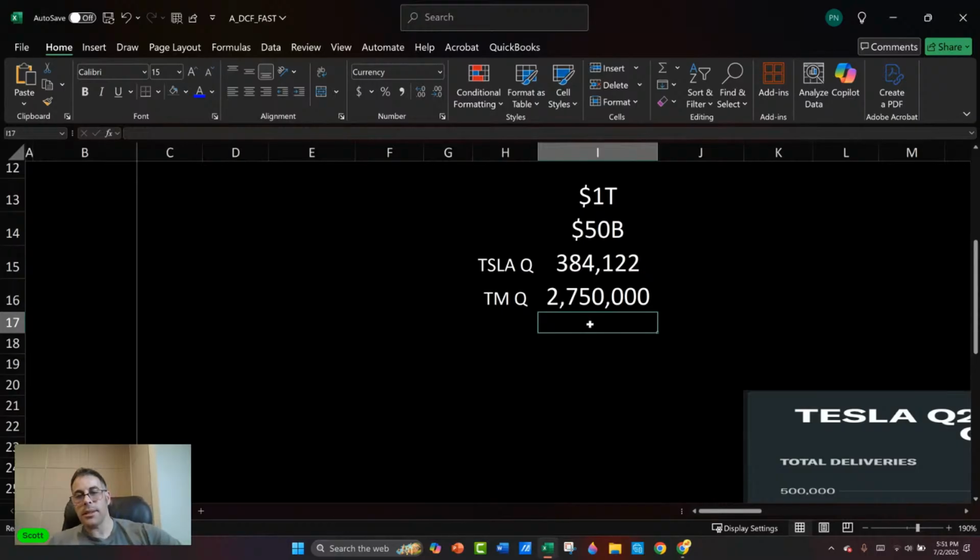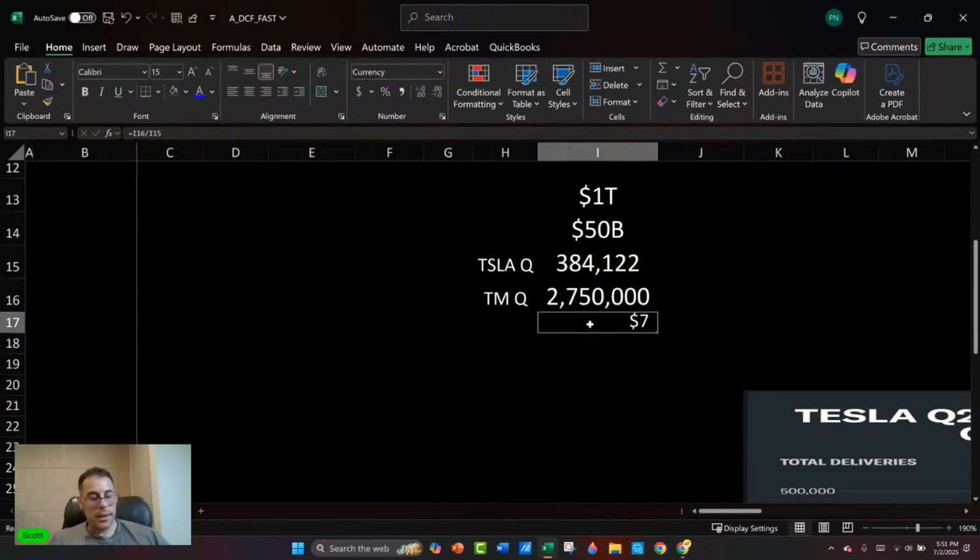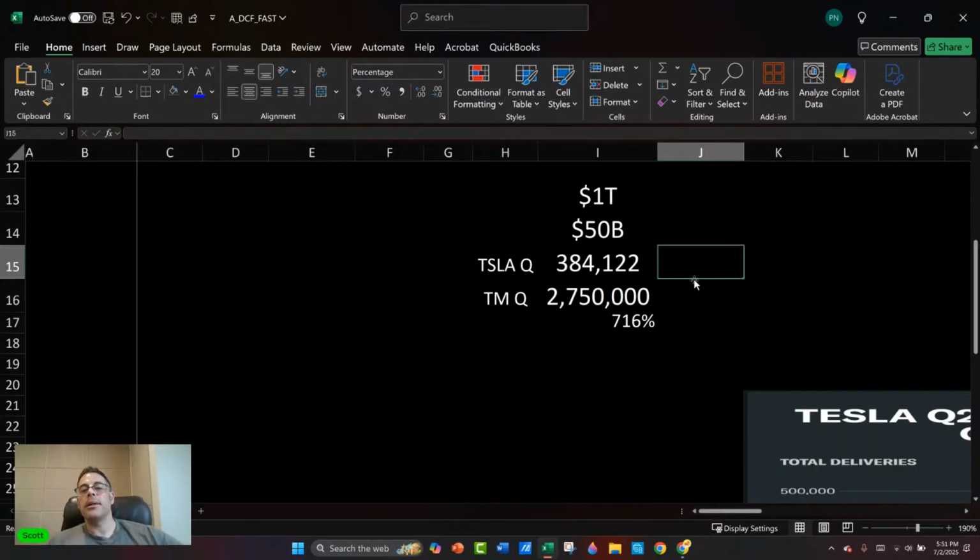So look how many more cars they sell. They 7x, 700%, 7 times more cars are sold by Toyota than Tesla. And I know Tesla cars are more expensive, but they're not that much more expensive. It's not like Tesla's cars are 100,000 and Toyota are 10,000. They're comparable.